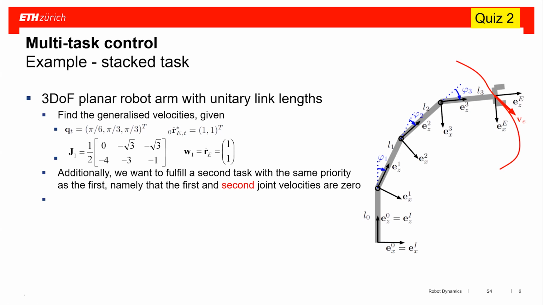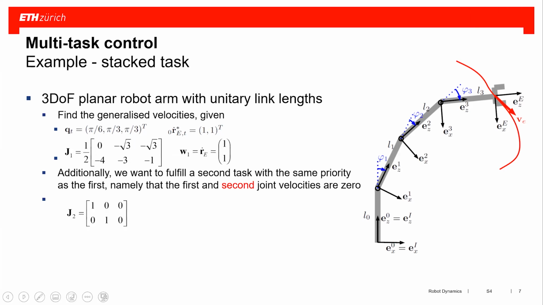So the Jacobian that we have to write down here for this one task is essentially 1, 0, 0, 0, 1, 0. What it's doing is the first row selects joint 1, and the second row selects joint 2.